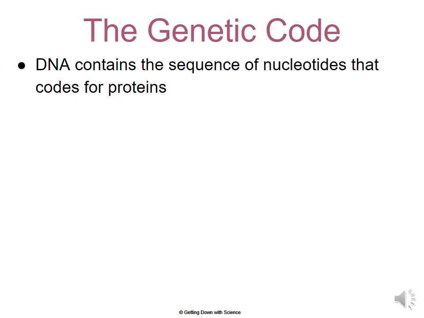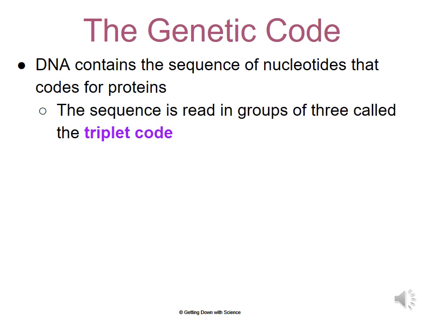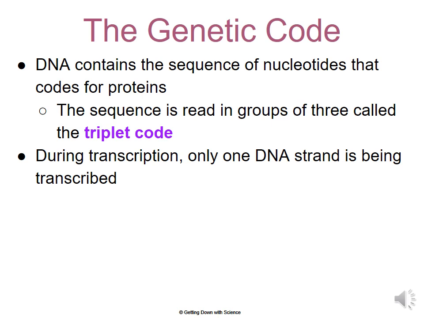So when we're thinking about the genetic code, we know that DNA contains sequences of nucleotides that code for specific proteins. We read these sequences in groups of 3 that we call triplets. Specifically, in DNA, we typically refer to it as a triplet code.